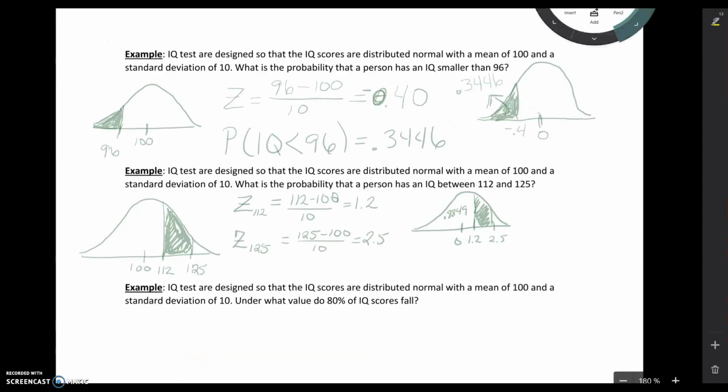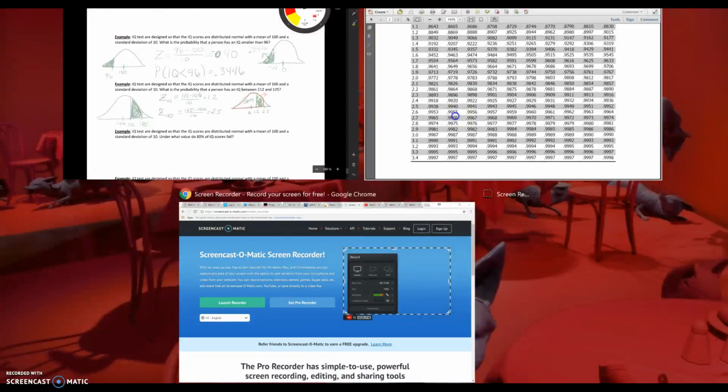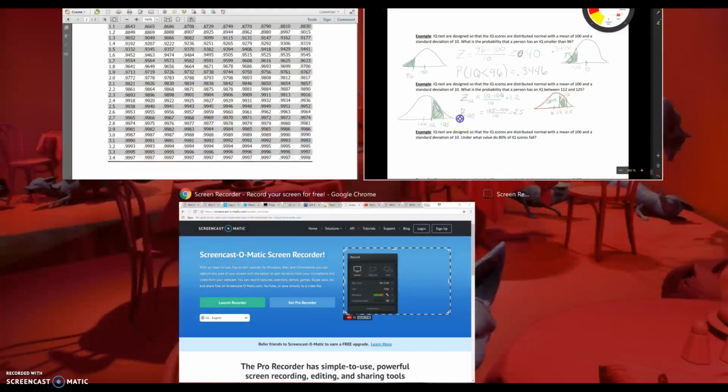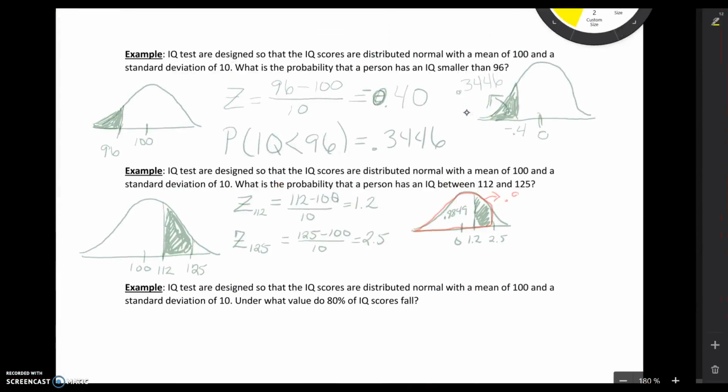So let's change the color here to help us see this. What this is saying is all of the area in red, going back and double checking our table, is 0.9938.